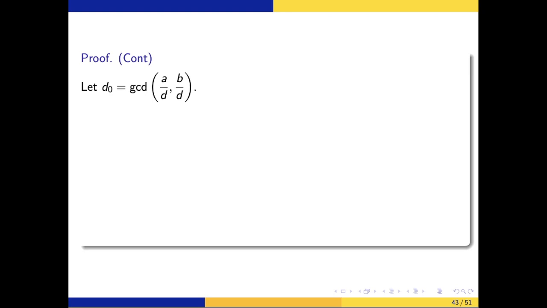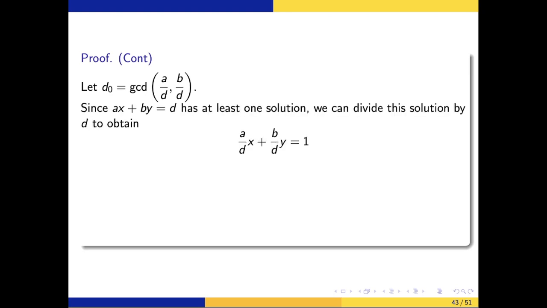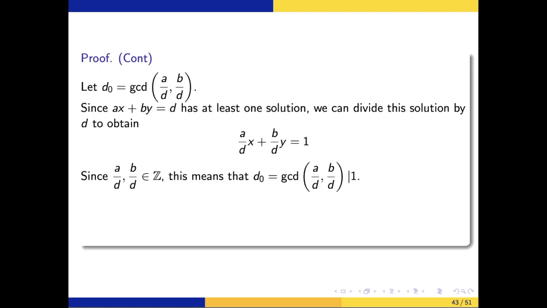Now let d naught equal the GCD of a upon d, comma b upon d. Since ax plus by equals d has at least one solution, we can divide this solution by d to obtain a upon d x plus b upon d y equals 1. And since a upon d, comma b upon d are integers, this means that d naught, which equals the GCD of a upon d, comma b upon d, divides 1.